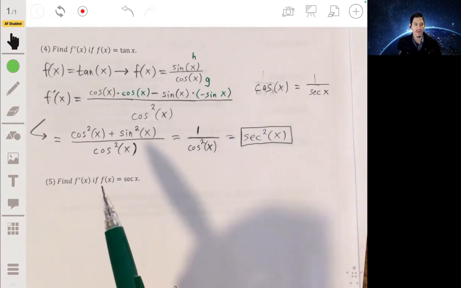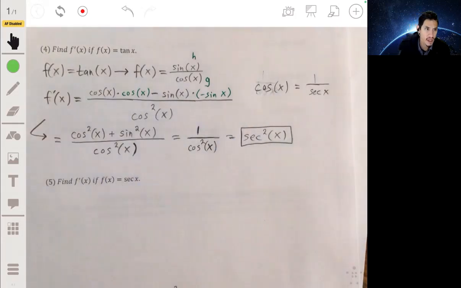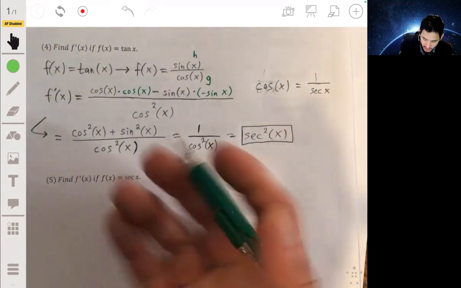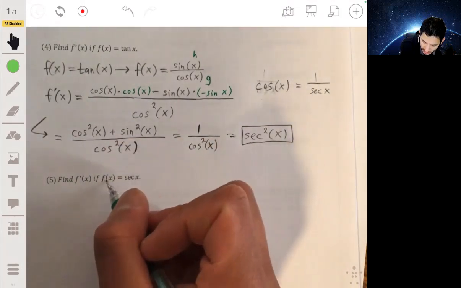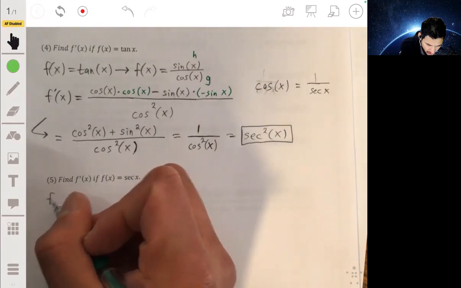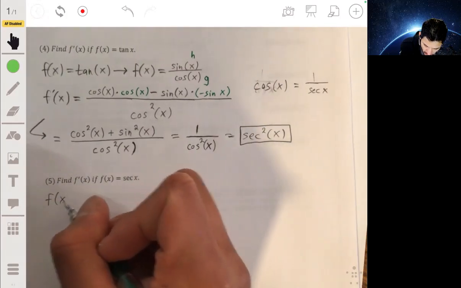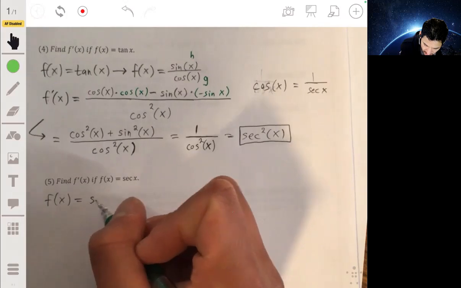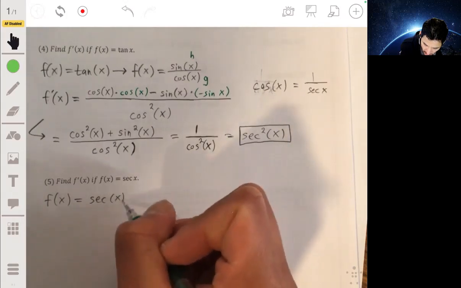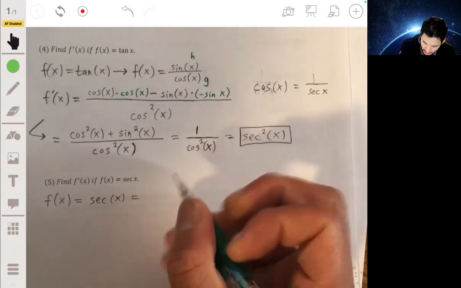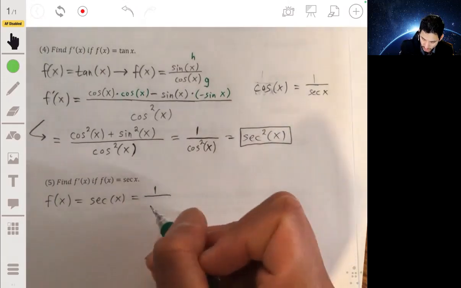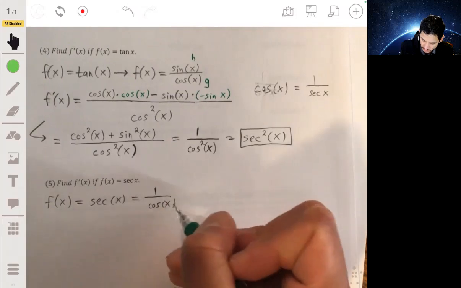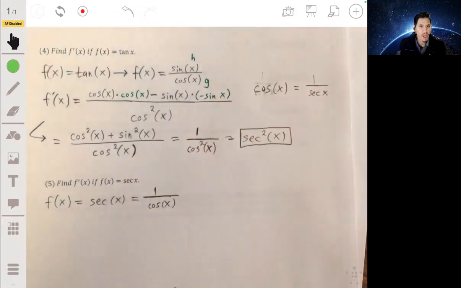Now let's look at how we find the derivative of the secant function of x. So we have that f of x is secant of x. Since we don't know what the secant of x is, let's just rewrite this as 1 over the cosine of x, which is by definition what it is.